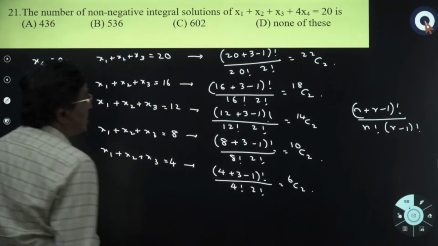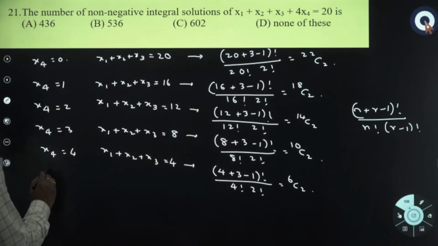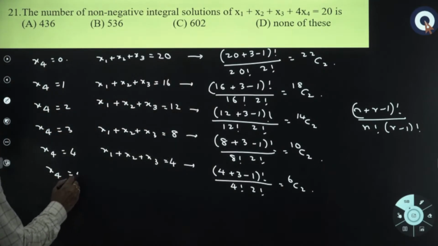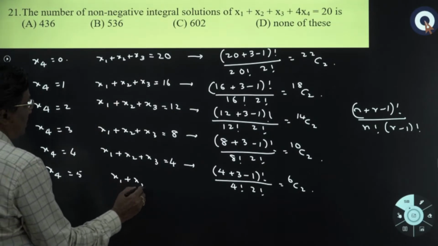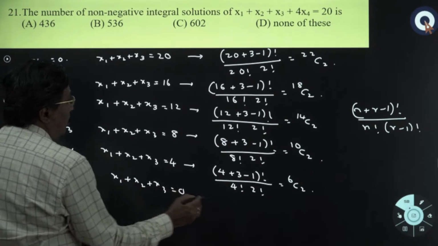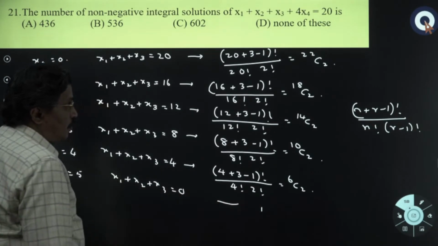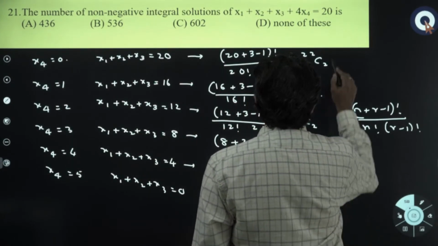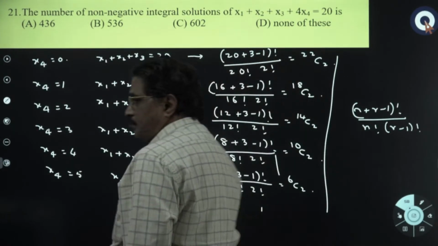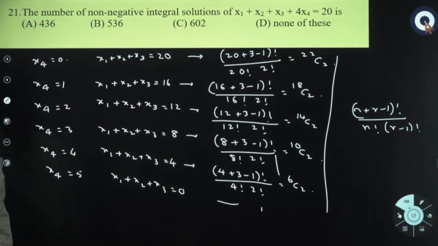And if x4 takes the value 5, so all the 20 are gone here. So we have x1 plus x2 plus x3 equal to 0, and this is just one case. So the answer is the sum of all this, and if you simplify, one of the options will match.